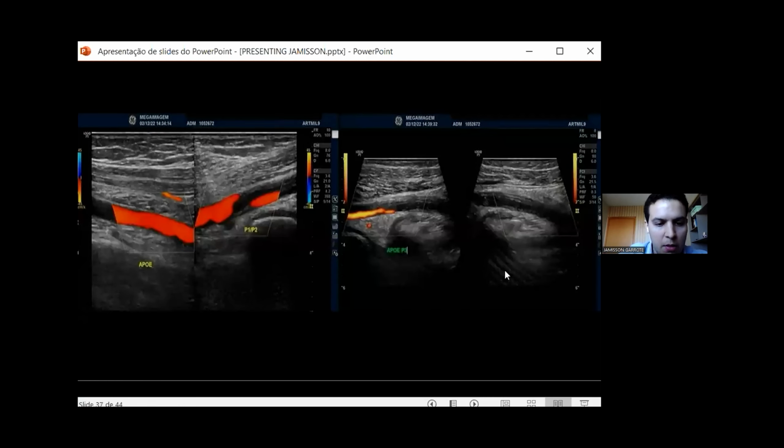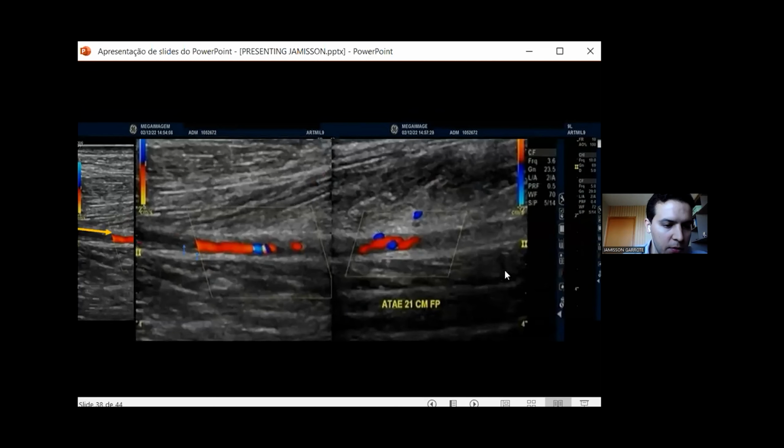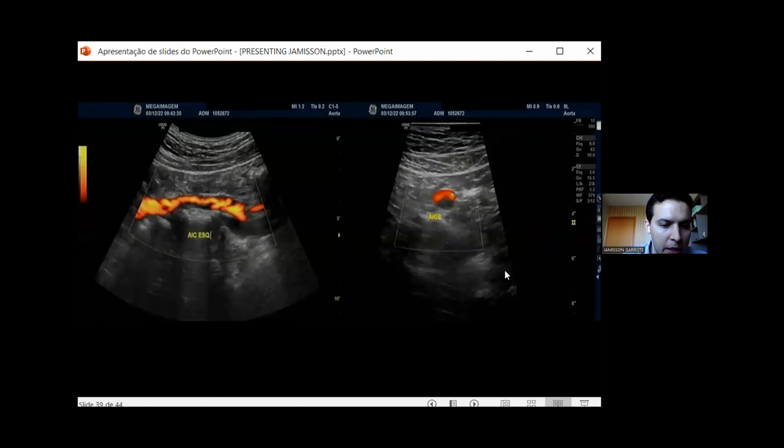He underwent a Doppler ultrasound that showed occlusion in the popliteal artery. As you can see, there is thickening of the artery wall in the tibial artery too. Just amplifying to see better, in the external iliac artery too.